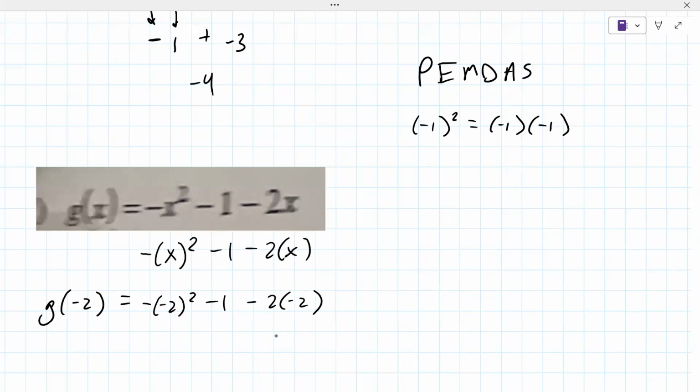I have -9. Okay, let's take a look here. -2 squared is 4, and then you negate it, so that's -4 minus 1. -2 times -2, it's better to treat the operator like it's going with it. That becomes +4.